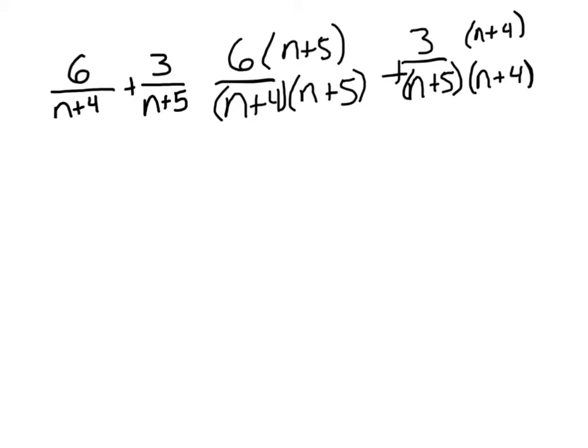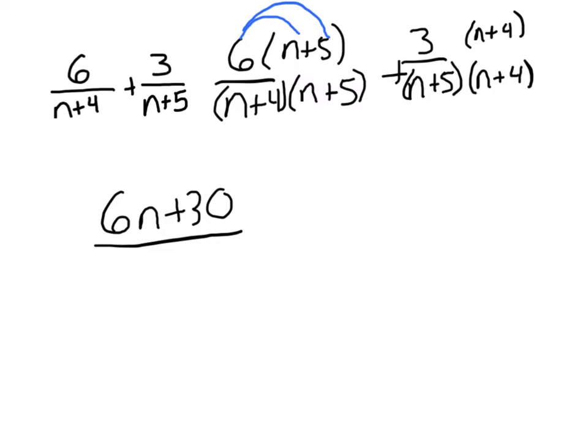Okay, now we're going to distribute here 6 times n and 6 times n plus 5. So 6 times n gives me 6n plus 30. And then this is n plus 4 times n plus 5.